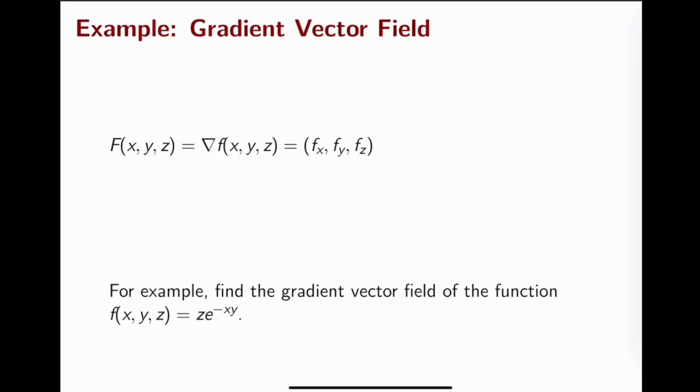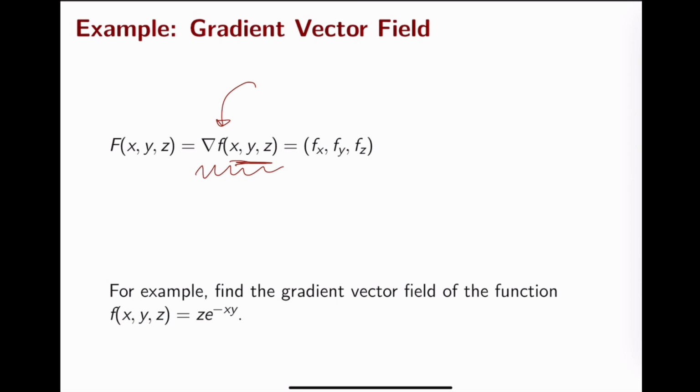One very important example of a vector field is one that should be familiar to you, that we have already mentioned before: the gradient of a real function. I mean, this is a function f of 3 variables.